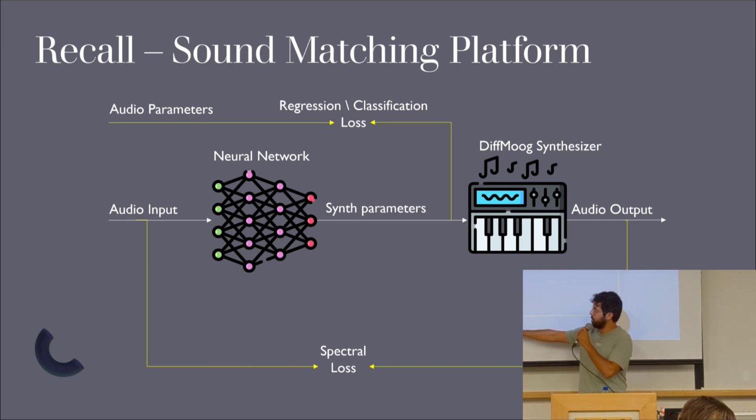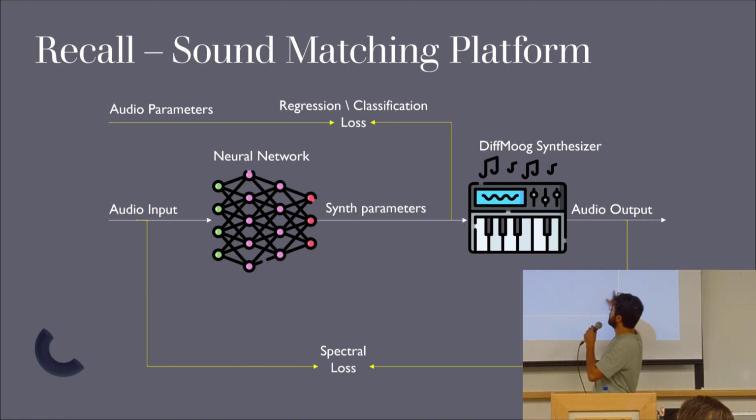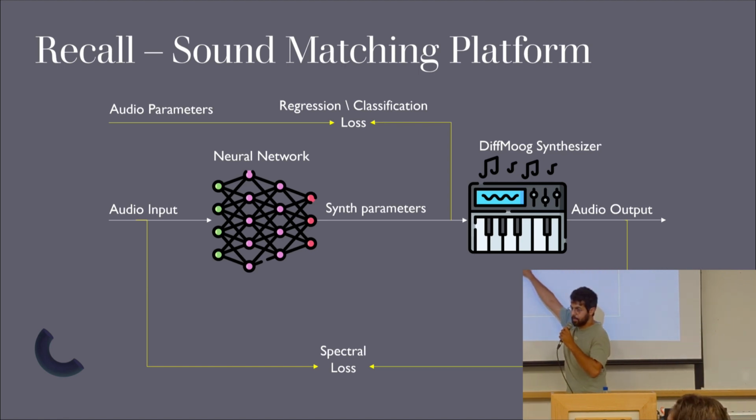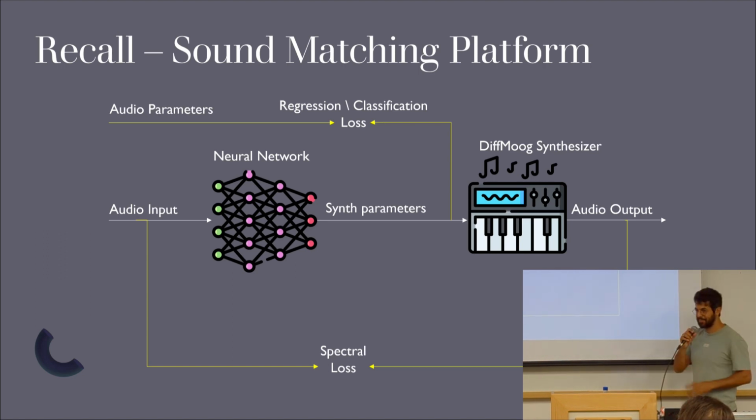But in order to update the weights in the neural network, we need to backpropagate the gradients through the synthesizer. The synthesizer must have this special feature that it's differentiable. And it's implemented in PyTorch.